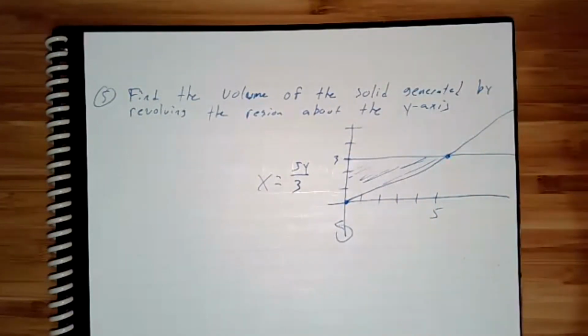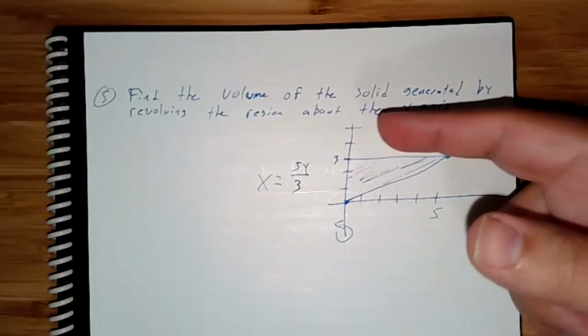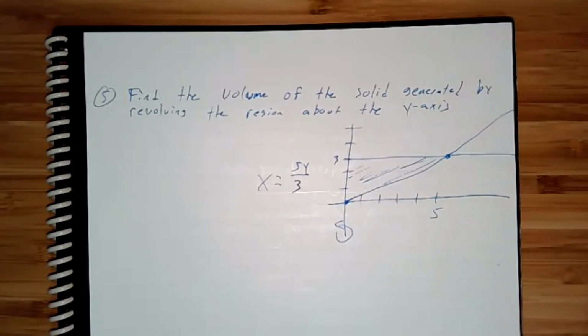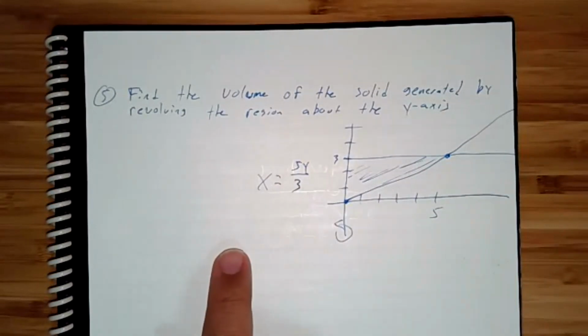But one's volume, so we'd have to be using washer, times pi. If we're rotating about the y, it's right on the axis, right? So we're good. This could work, or shell.